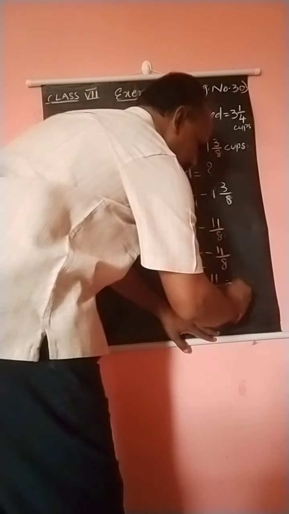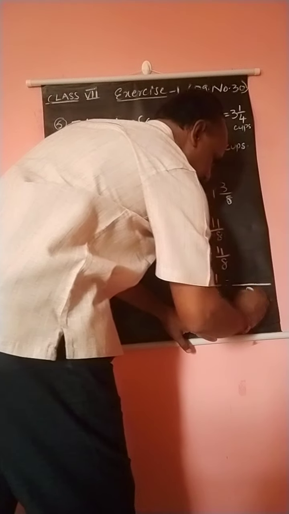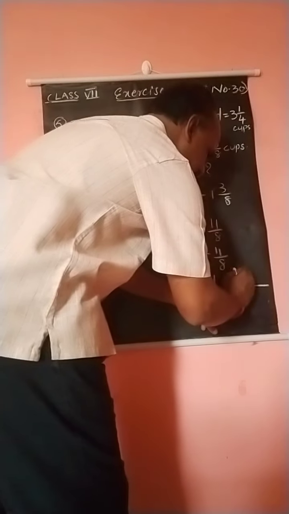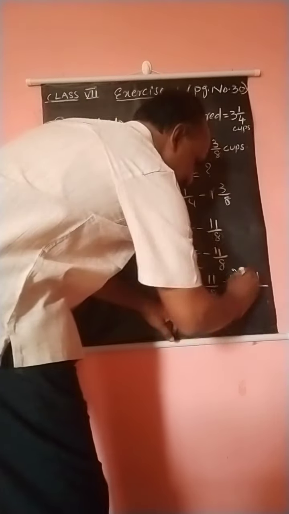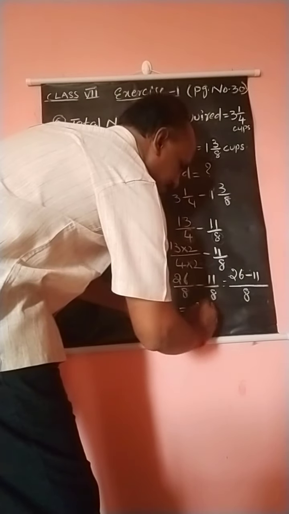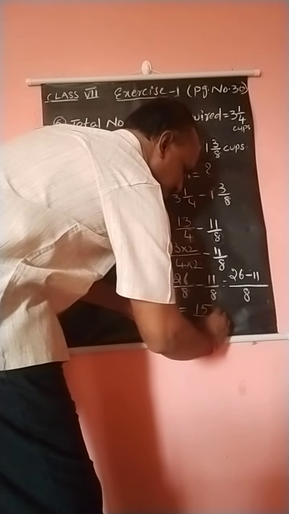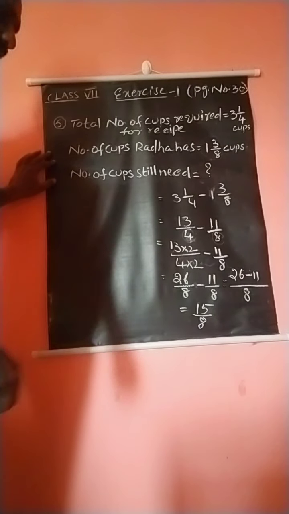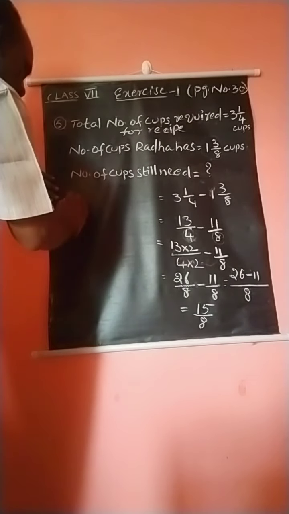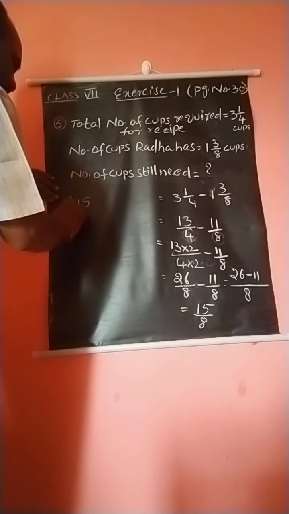Now both are like fractions with the same denominator 8. 26 minus 11 is equal to 15, so 15/8.